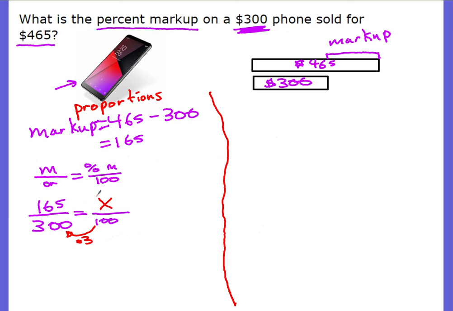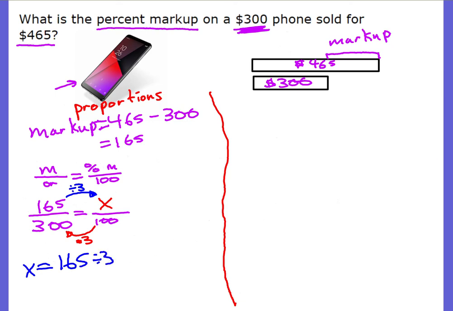I'm trying to get to my hidden unknown. So instead, I can rationalize this as: if I can multiply by 3 here, I can go the other way and divide by 3. Of course I could have worked up and down, but I saw this relationship between 100 and 300 made life easier. So x, which I define as my percent markup, is equal to 165 divided by 3.